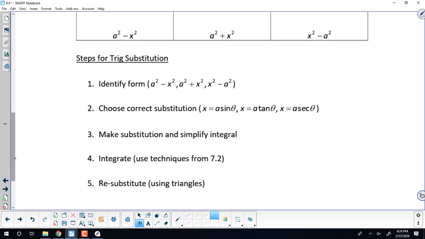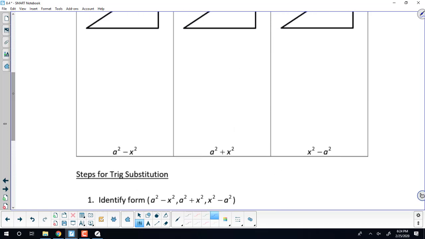Our steps are going to be slightly different because the textbook says choose the correct substitution, where it's a sine theta, a tangent theta, or a secant theta. Ours will be a little bit different because we're simplifying the sums with difference of squares first. So from this one here, a squared minus x squared, we're going to rewrite it like we did, where we factor out the a squared.